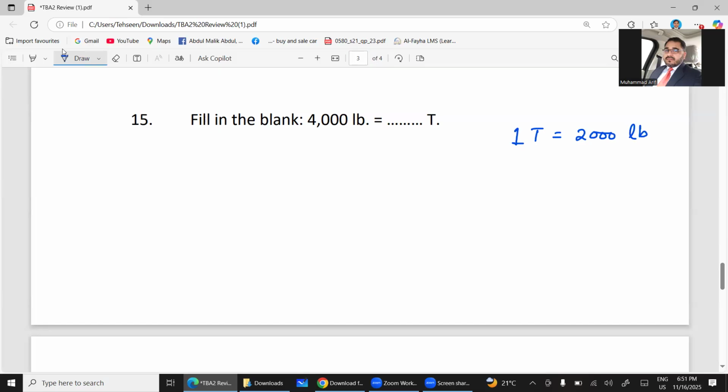Then 4,000 pounds, how many tons? 4,000 divided by 2,000. As we are converting from pound to ton, we need to divide. 4,000 divided by 2,000 will be equal to 2 tons. This is the answer. Here it will be 2 tons.